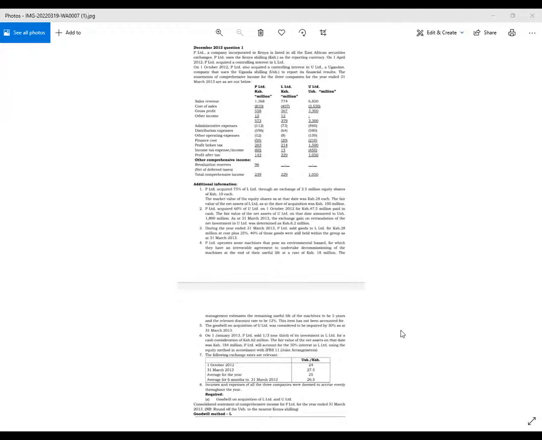Now listen, we acquired the P in which period? We acquired the P, ladies and gentlemen, at which date here? 1st October 2012.